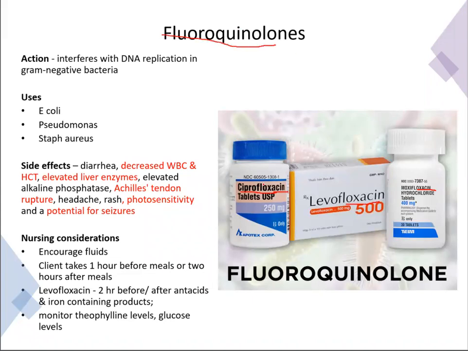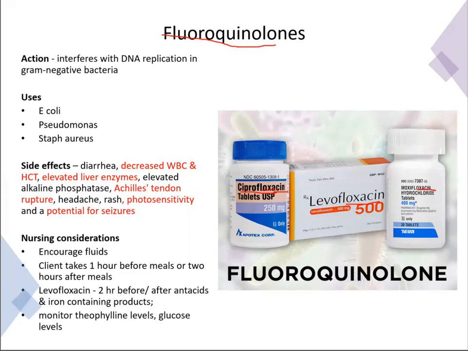They end with floxacin. We'll use this family of drugs for E. coli, for Pseudomonas, for Staph aureus, especially infections with the bone and joints, bronchitis, pneumonia, gastroenteritis, acute sinusitis, prostatitis.